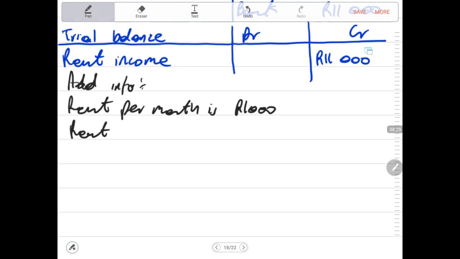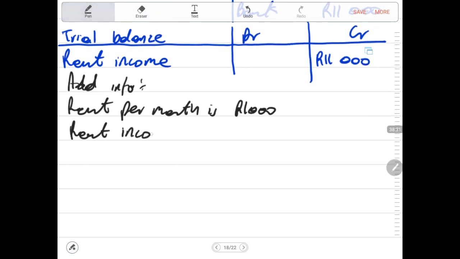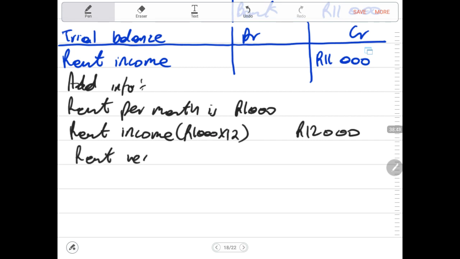Now we say rent income will be 12,000 rands, where it is 1,000 times by 12. Then after we say rent that was received is an amount of 11,000 rands.